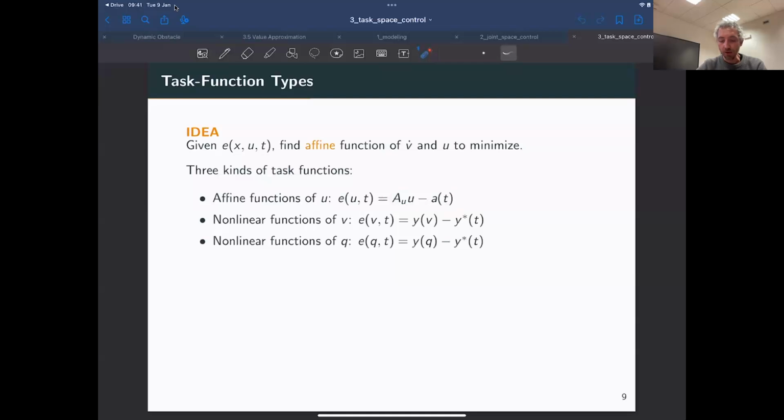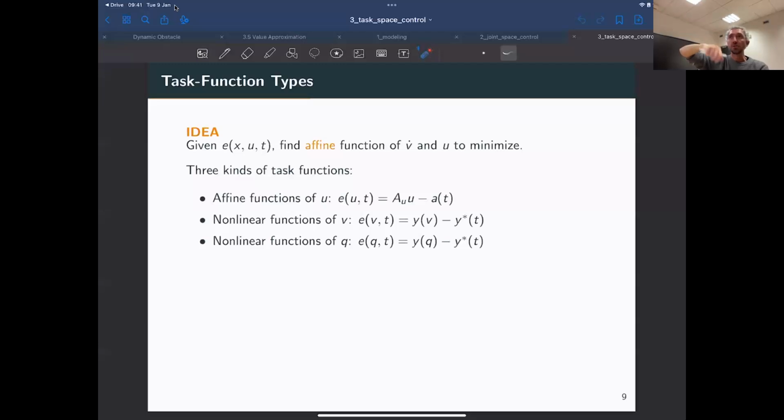In case our error function depends on the control input U, it must be an affine function of U, because U is already a decision variable of my problem. So if I want to put this inside the cost, and my cost needs to be a least square cost, what I put inside the 2 squared norm must be affine.